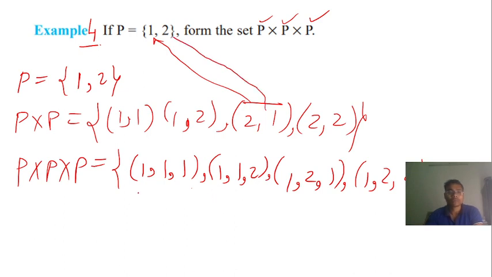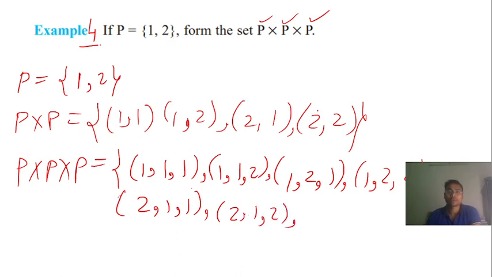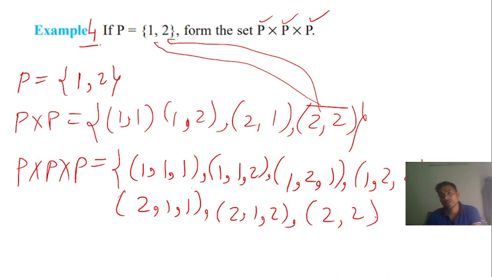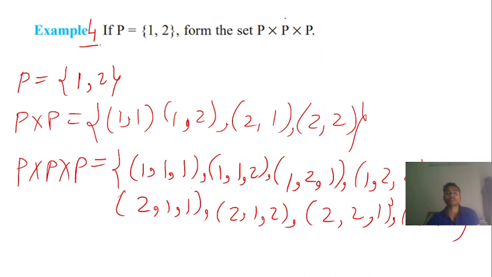So I'm going to write it here: 2 1 1 and 2 1 2. Similarly you can write 2 2 1 and 2 2 2. That's how we form our P cross P cross P set.